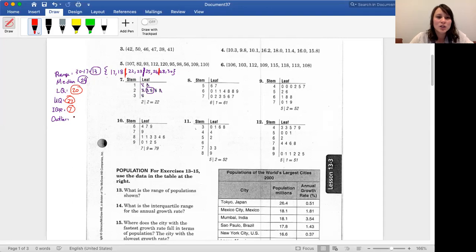And now considering your outlier. It's going to be 20 minus 1.5 times 7, and then for the bigger end, your number is going to be 27 plus 1.5 times 7. Okay, so using our same equation that we wrote down earlier, 1.5 times 7 is 10.5.